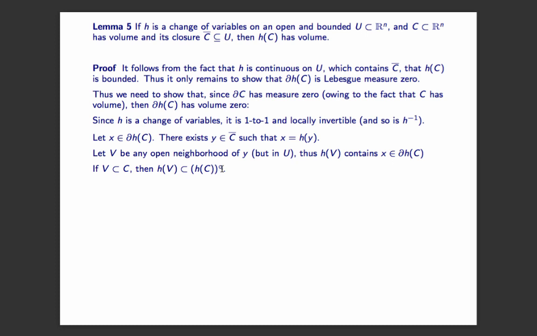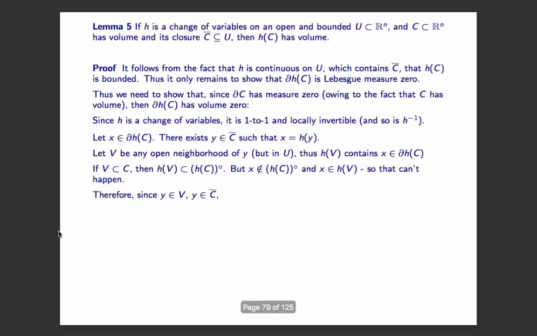And it has to be in the interior because if V is open, then h of V is open as well. But x is not in the interior of h of C. And x is in h of V. So that can't happen. We can't have V be contained inside of C because that would mean that x is not on the boundary. But of course, we're assuming that x is on the boundary.